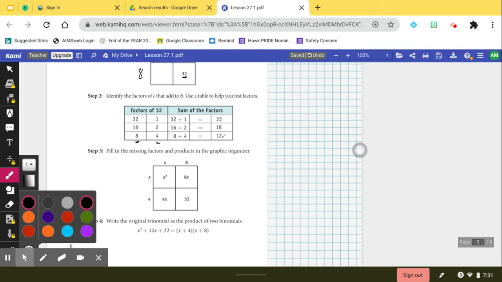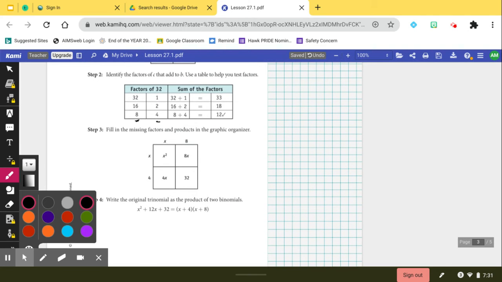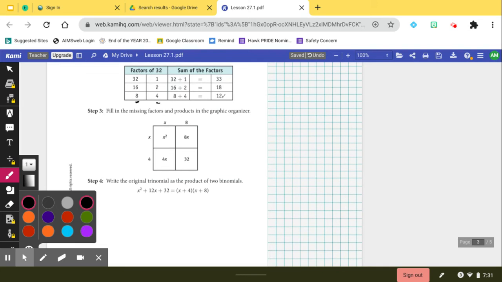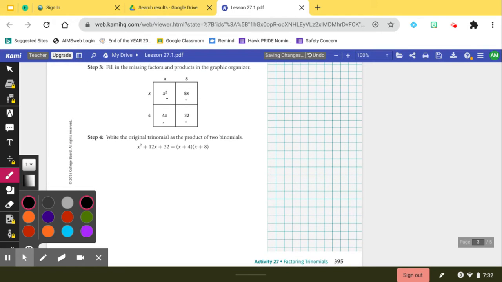And we can prove that by filling in the missing factors and products and writing our answer as the sum. So we have x plus 8 and x plus 4, so that would give me x squared plus 8x plus 4x plus 32, which would then give me x squared plus 12x plus 32. So my two binomials are x plus 4 times x plus 8. And what's nice about factoring is we can re-multiply these together to make sure we're correct.